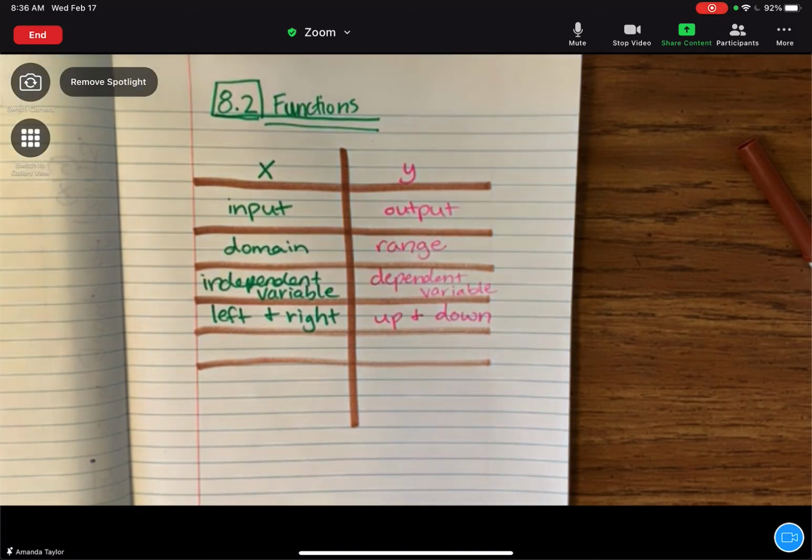All right. Now I'm going to give you the second page. So flip over to your next page. This is the page. We're going to write stuff. Just flip it over to the second page.